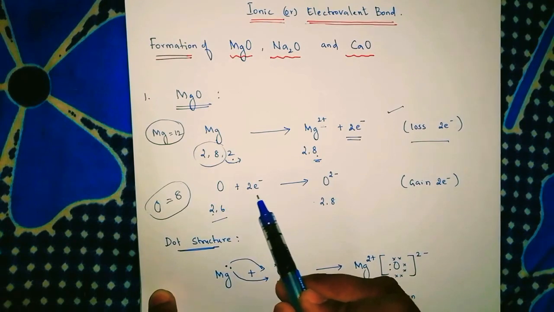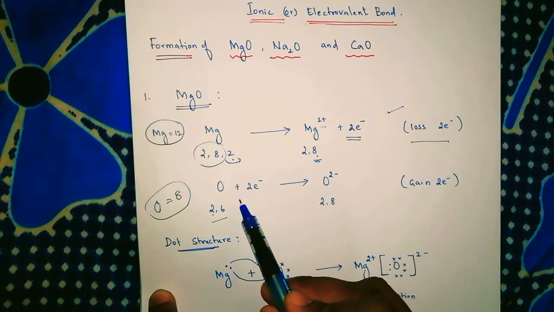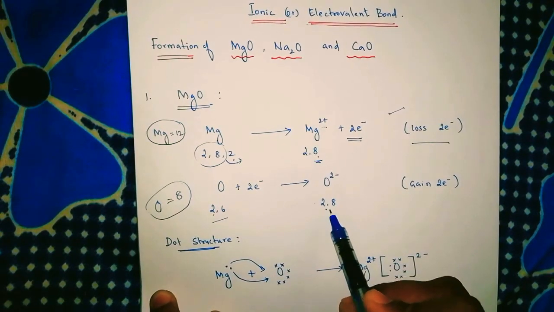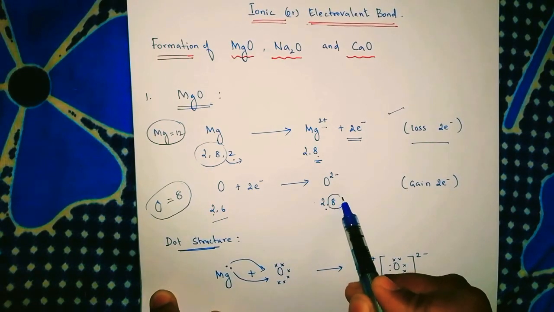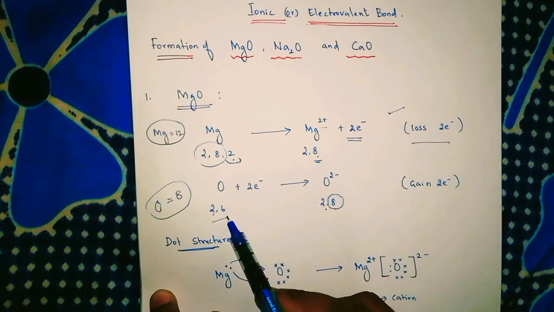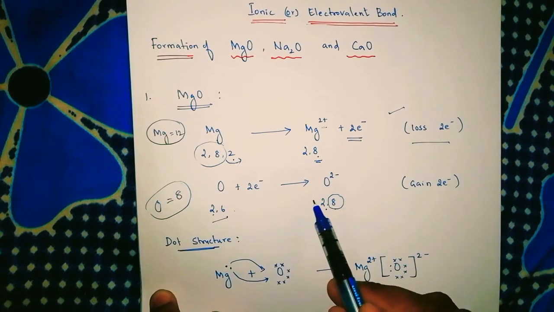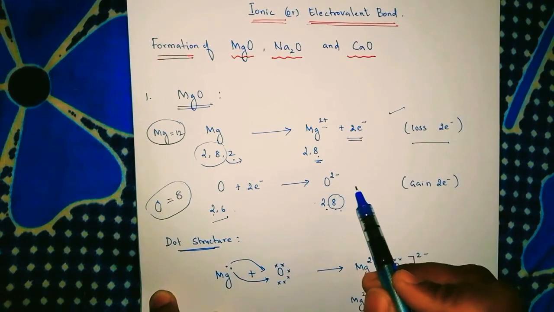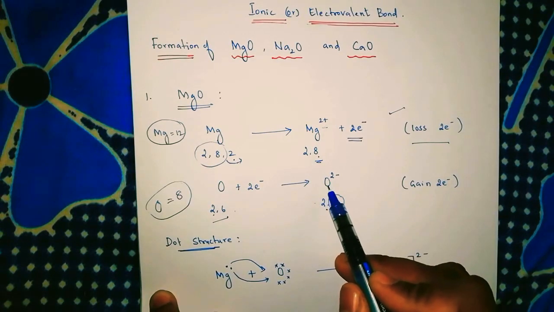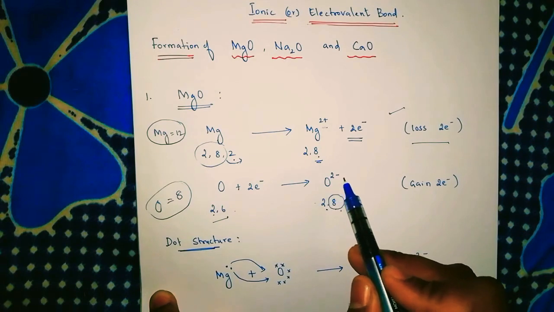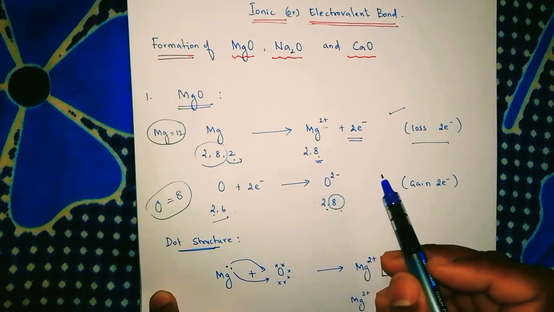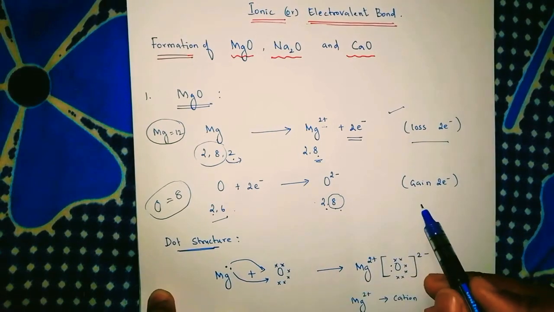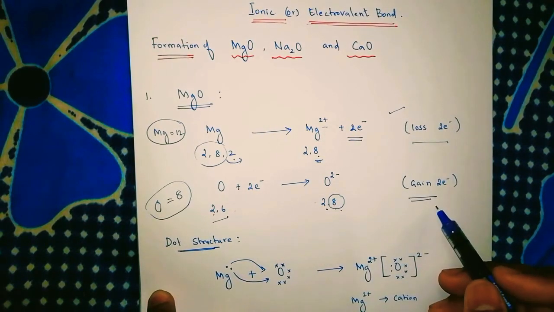So oxygen gains 2 electrons, and it forms 2, 8. That means 6 was there, but after adding 2 electrons, it becomes 8 in the last shell. That is why we write O 2 minus. This negative sign represents gaining of electrons, which is what we are writing here, gaining 2 electrons.